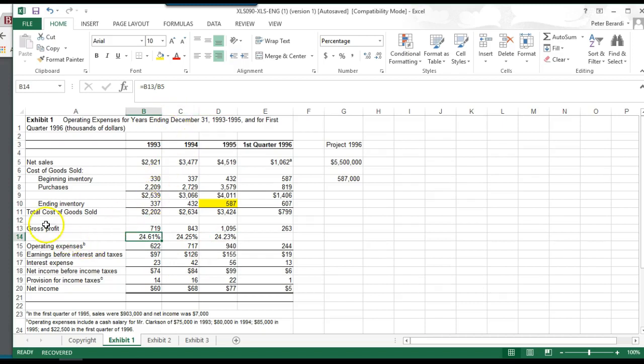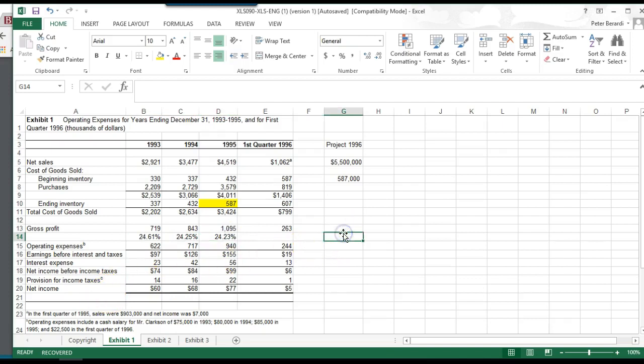Let's see if I did that right. Gross profit divided by net sales, so 24. So it's been holding up. We've lost a few points here from 24.61 to 24.23. You can use an average, okay, which is 24.36, or you can use last year's.